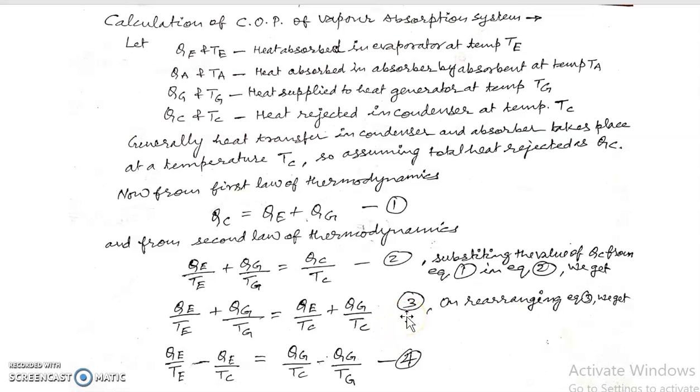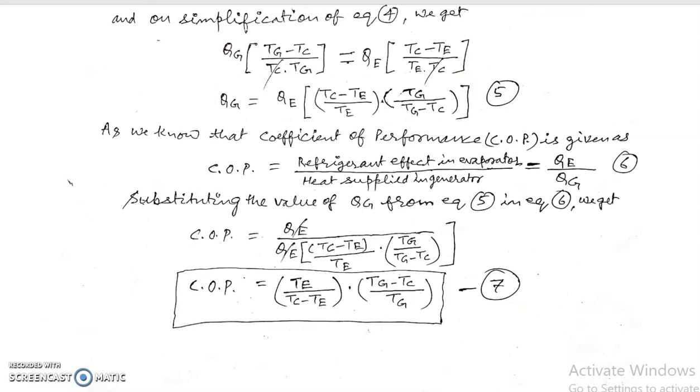If I rearrange equation number 3, then I get QE over TE minus QE over TC equals QG over TC minus QG over TG. So this becomes equation number 4. And on simplification of equation number 4, we get QG times (TG minus TC) over (TC into TG) equals QE times (TC minus TE) over (TE into TC).